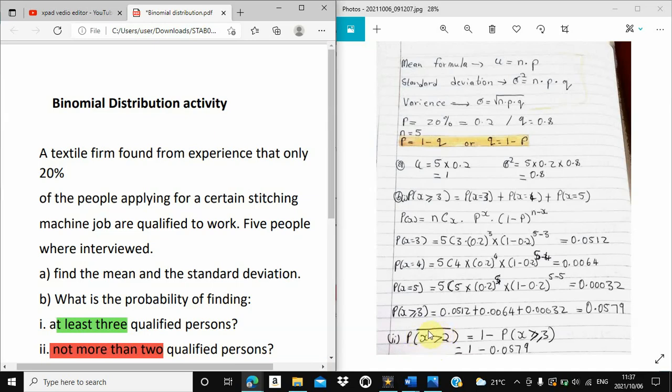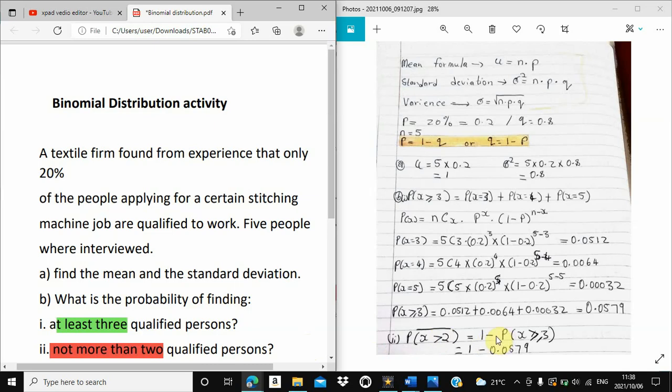We denoted it by this complementary sign, not more than 2. Simply we mean not the probability of x is greater than or equal to 3. That's why here we said 1 minus the probability of x is greater than or equal to 3. We subtracted it from 1 because we want the probability of not more than 2 qualified people.